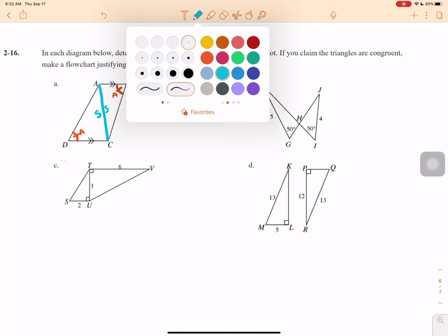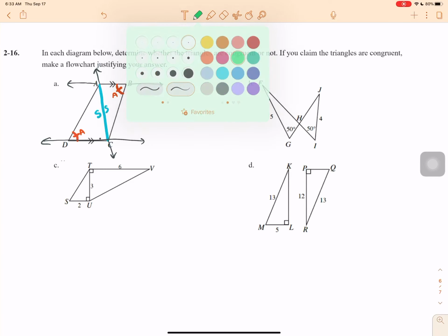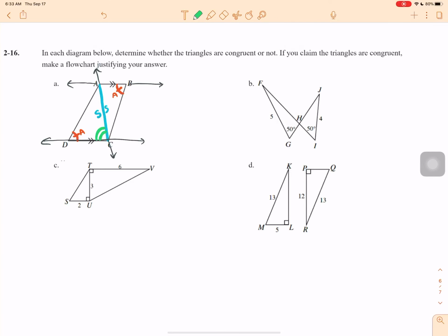And then I have some parallel lines and one transversal here. That shows me that here I have alternate interior angles that are congruent. It cannot be these angles here because neither one of those is touching the parallel lines. So it has to be the two that I marked here.